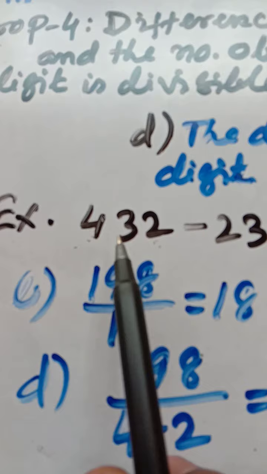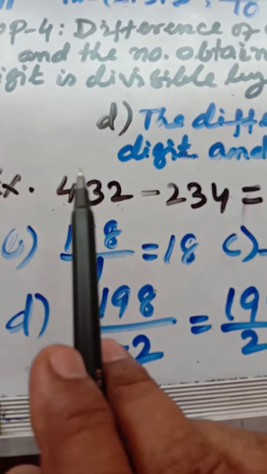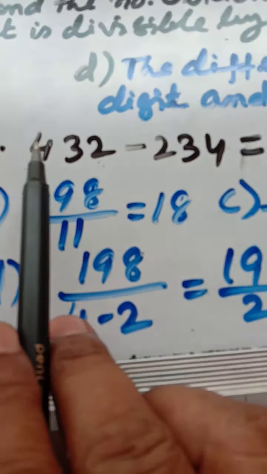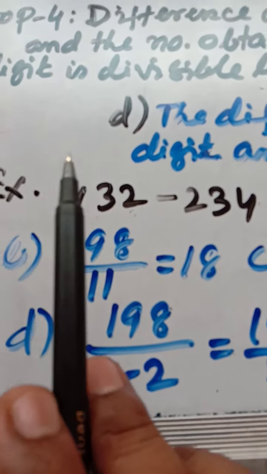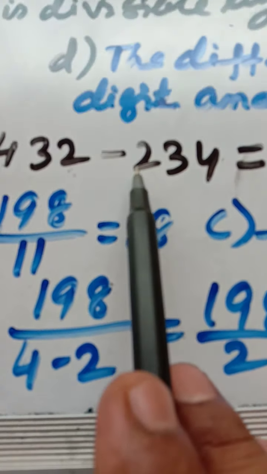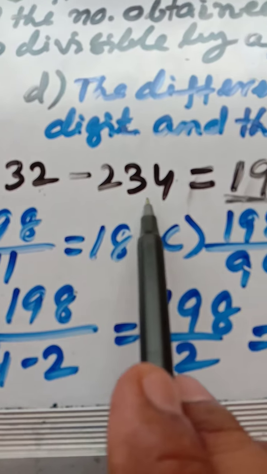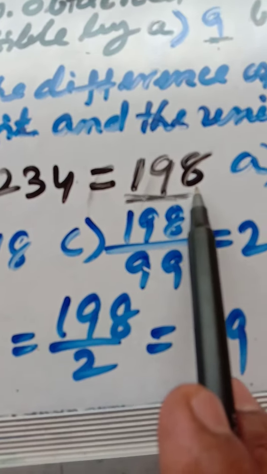The three-digit number is 432. Once you reverse the digits, the 100s digit goes to the 1s place and the 1s digit comes to the 100s place. The 10s digit remains the same. So 432 becomes 234 after reversing. The difference of these two is 198.